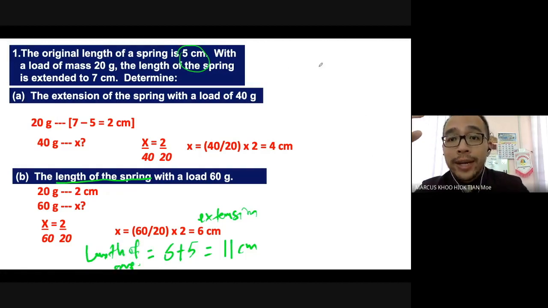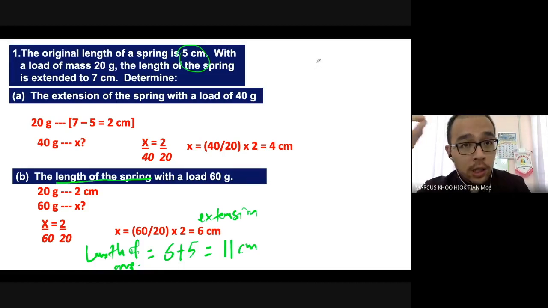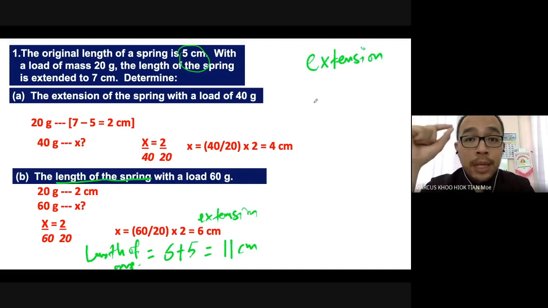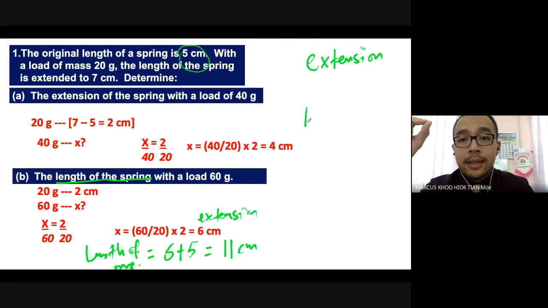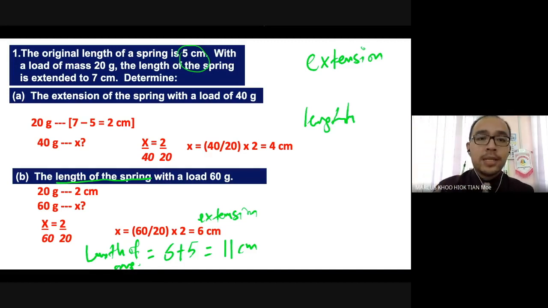When you're answering questions to do with Hooke's law, differentiate between these two words. Extension, dalam bahasa Melayu dipanggil pemanjangan, dan length. Length is just panjang itu. Sama ada dia panjang sebelum pemanjangan atau panjang selepas pemanjangan, bergantung kepada soalan.